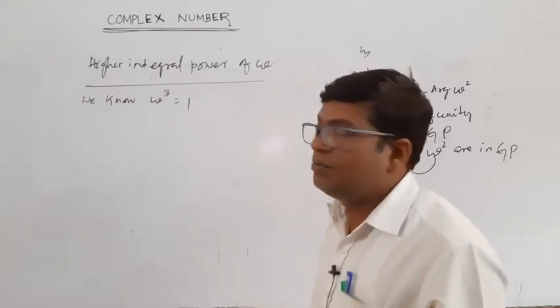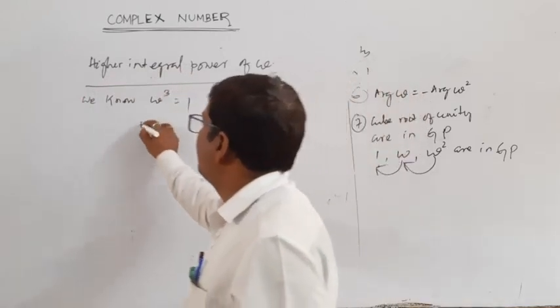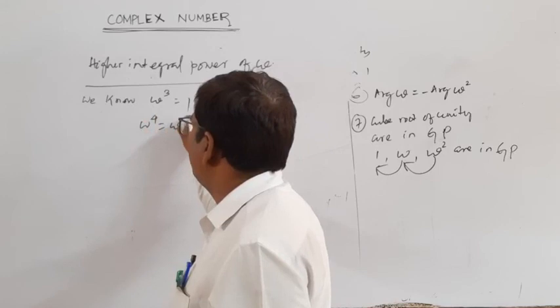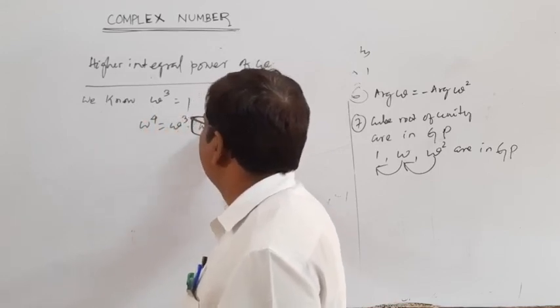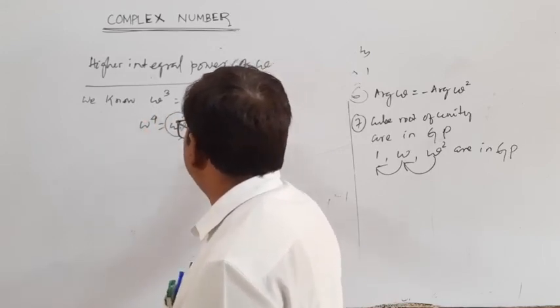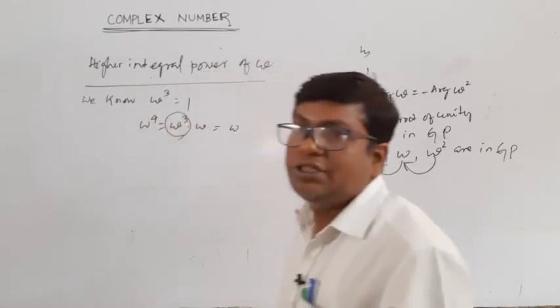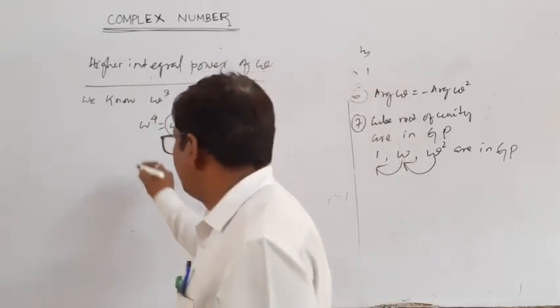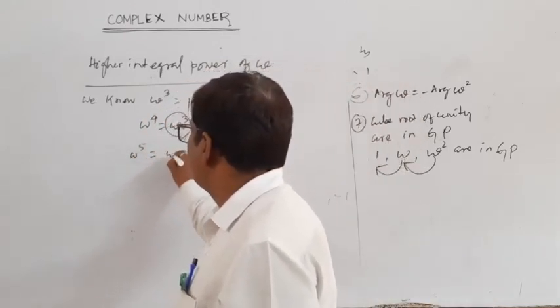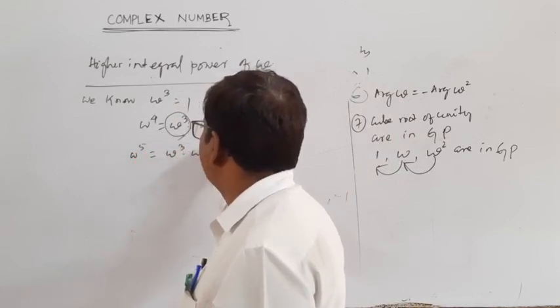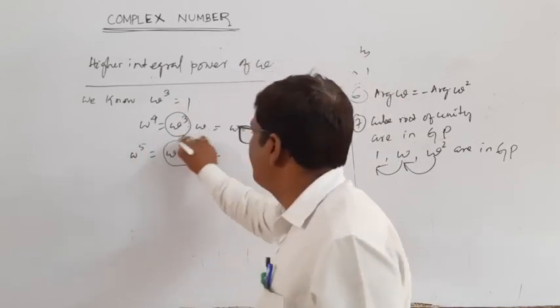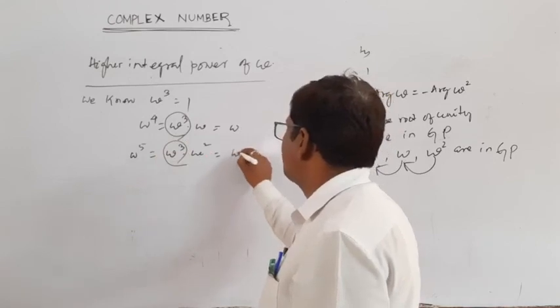What is omega fourth? Omega fourth is equal to omega cube into omega, so this is 1 into omega. What is omega fifth? Omega cube into omega square, so this is 1 into omega square, that is omega square.